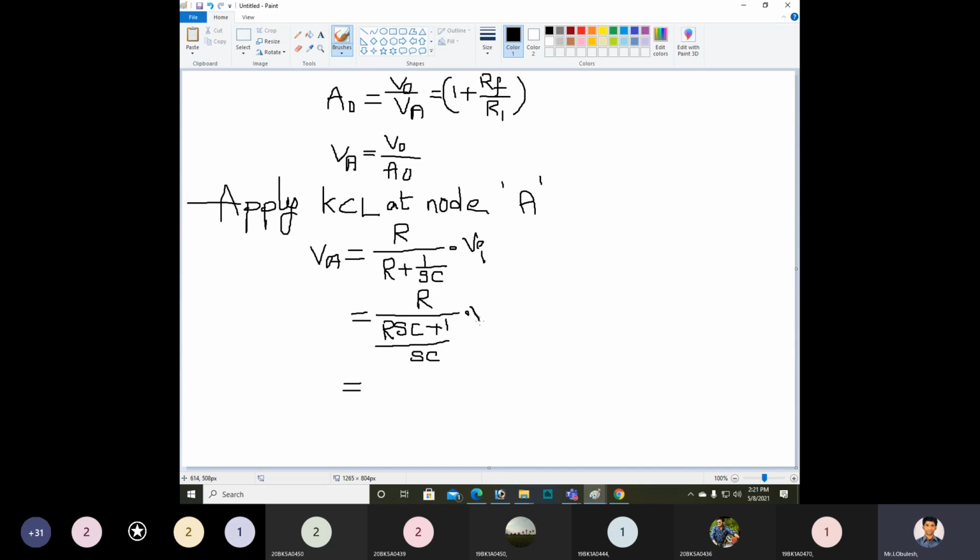Don't forget. Then what will we get here? SCR divided by 1 plus SCR, into Vi.